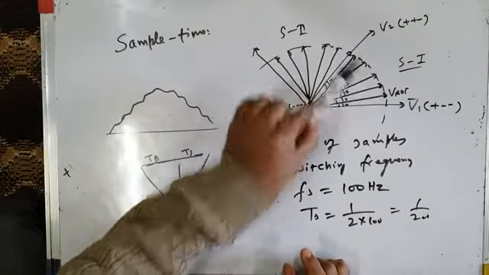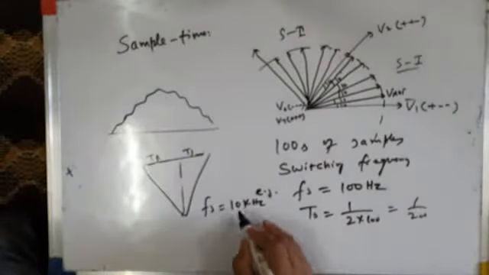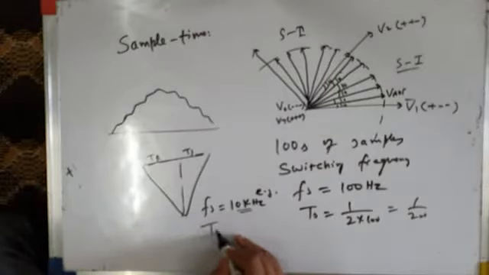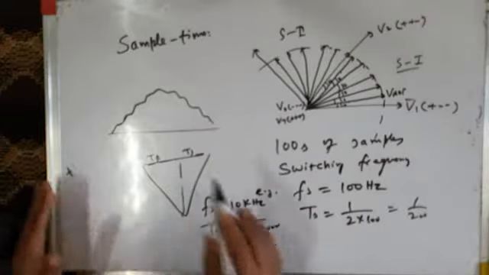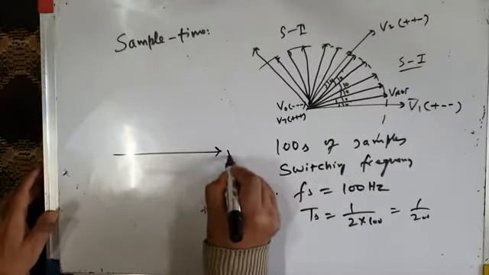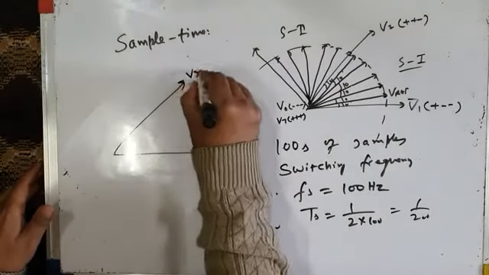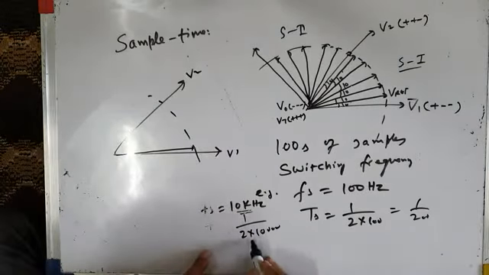You'll get only a few samples like 5, 6, 7, 8 samples. If your switching frequency is 10 kilohertz, the sample time is 1/(2 into 10,000), so the sample time will be very, very small. If you again take sector 1, this is V1, this is V2, this is the circular path, the first sample, if it is here, the sample time is very, very small.